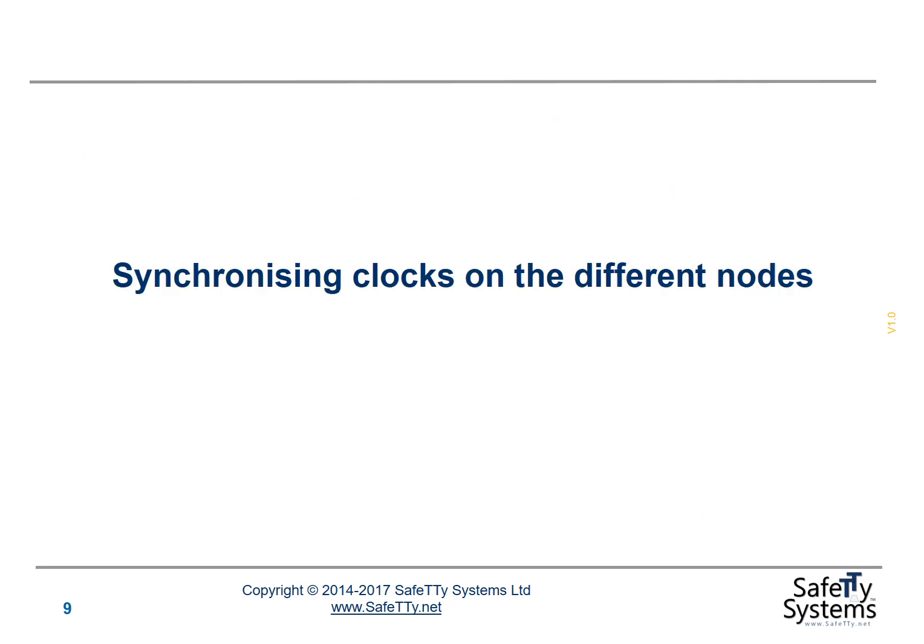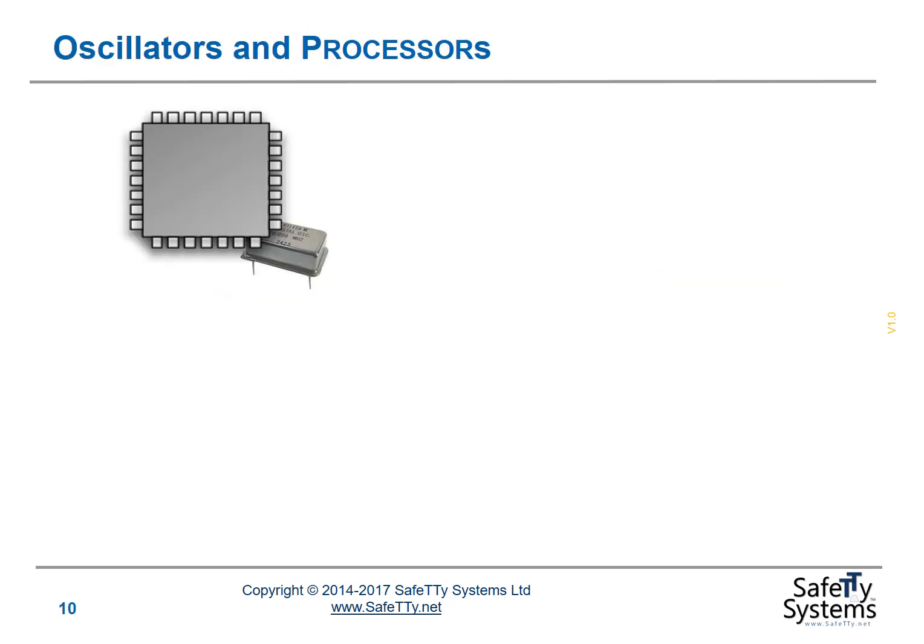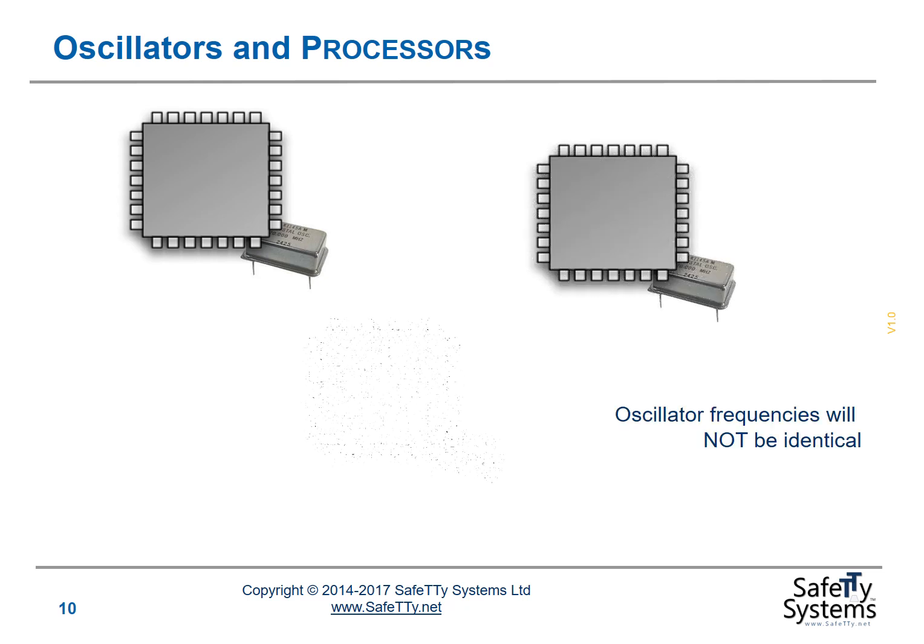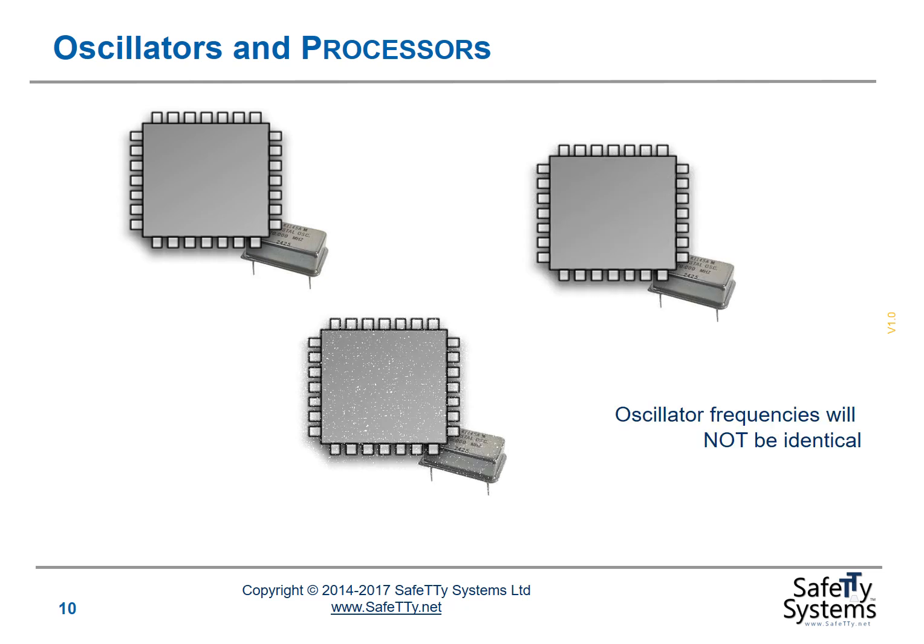Let's start by synchronizing the clocks on our different nodes in the system. If I take a set of microcontrollers and oscillators from a particular factory, I pick 3 oscillator components off the end of the production line at the same time, and hook them onto these microcontrollers.